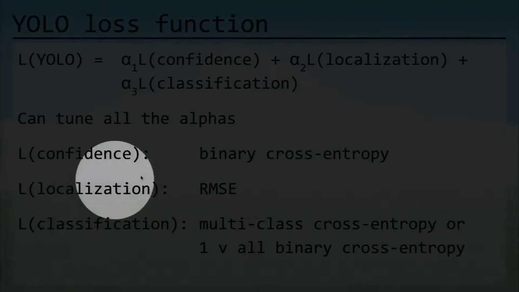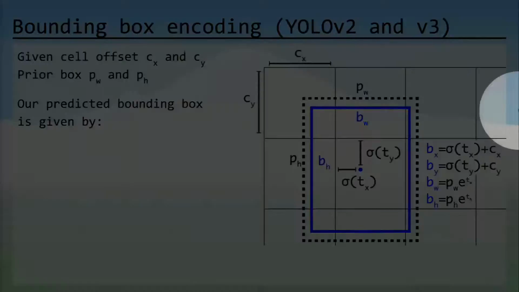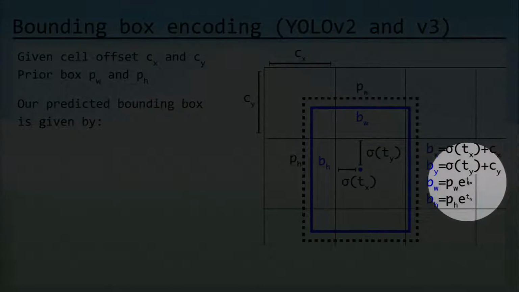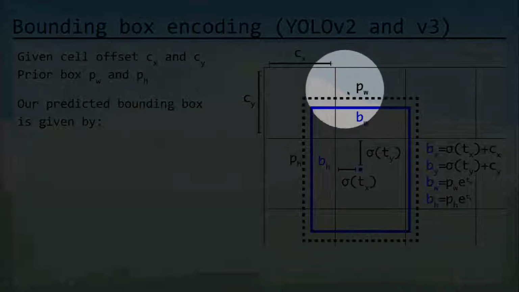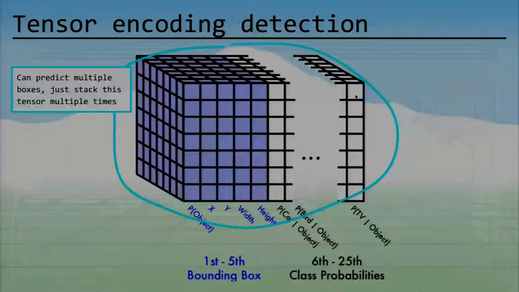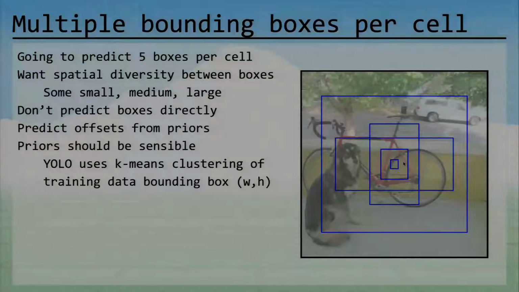For this localization prediction, we have this kind of weird encoding that we're talking about, where we're predicting these tx, ty, tw, and th. But if we have some ground truth bounding box in this image around some object that we actually care about, it's pretty easy to figure out which prior box is closest to the ground truth bounding box.